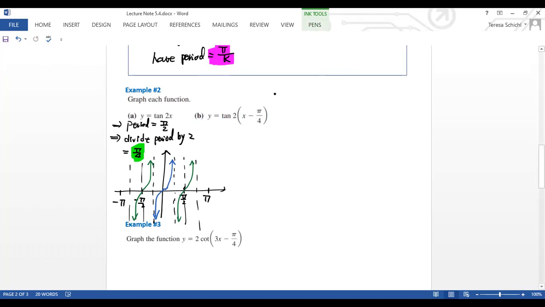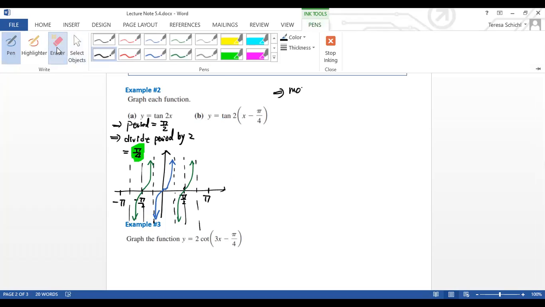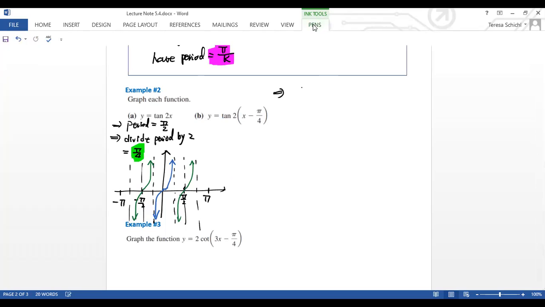So let's still do this. In here, pi over 4, what does that mean? That means I'm going to shift to the right or shift to the left. I'm going to shift to the right. How many units? Pi over 4. That means my 0 is going to start at pi over 4. Now look at the period.